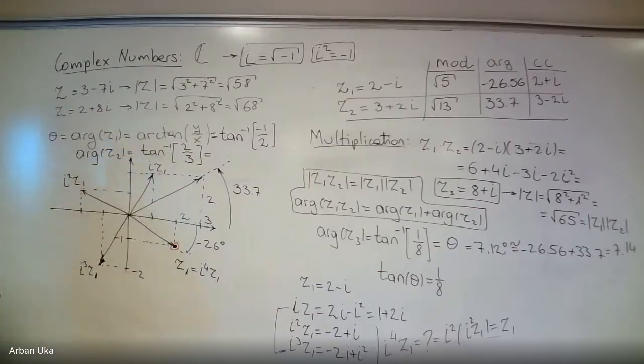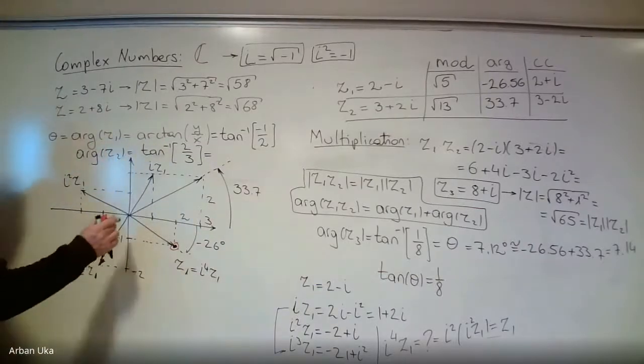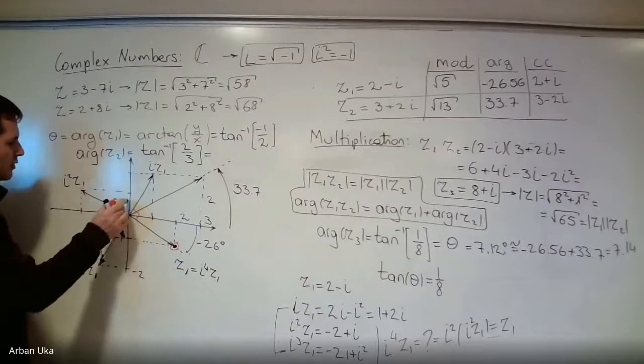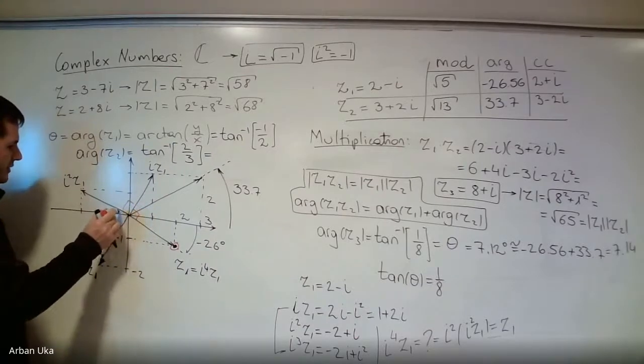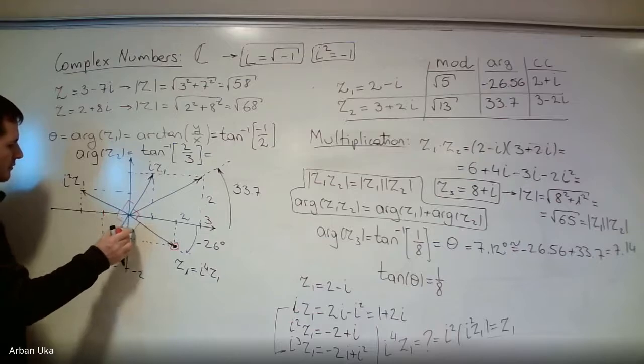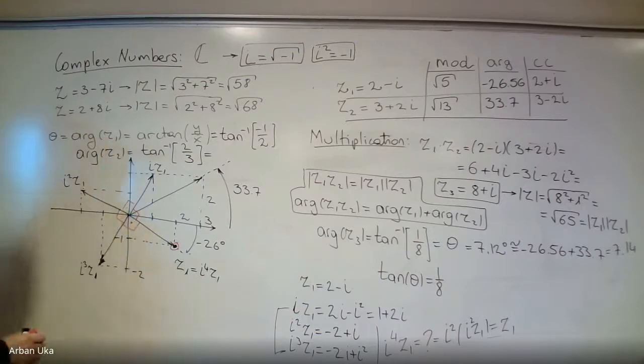So by multiplying each time by i, we get a rotation of 90 degrees. So the rotation by the complex number i is by this specific value of 90 degrees.